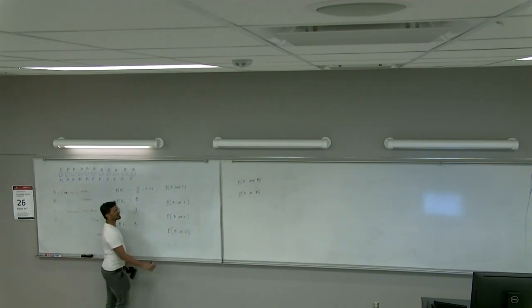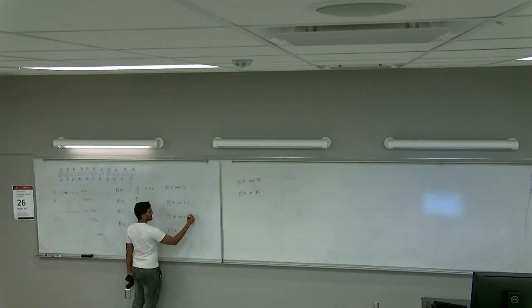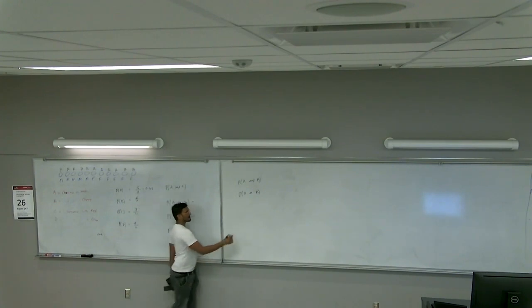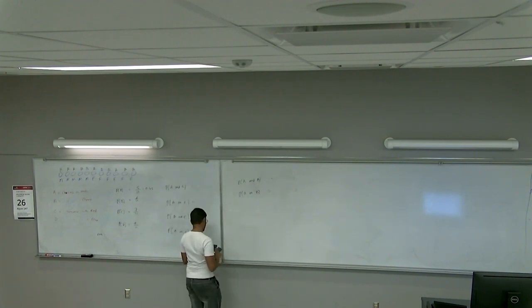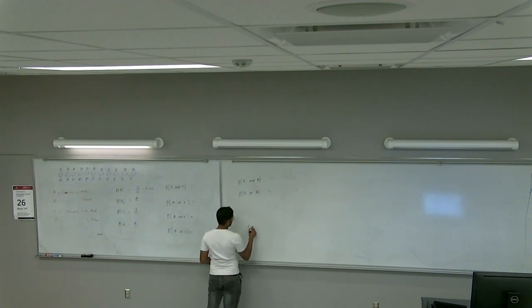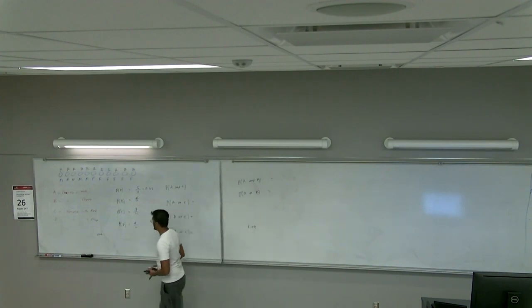Calculate these probabilities. Now the time is 6:09. Spend about 2 minutes.